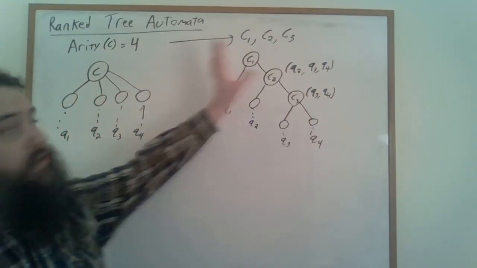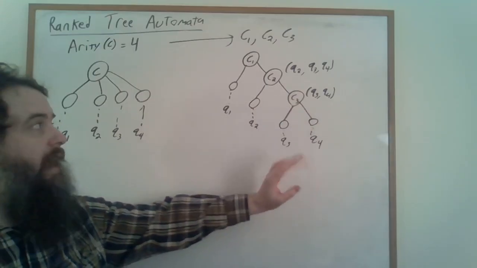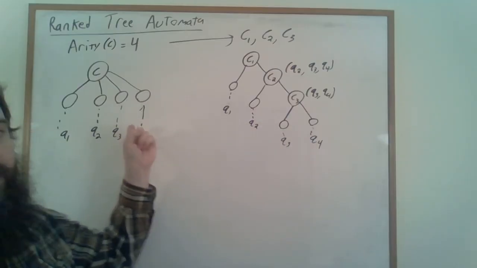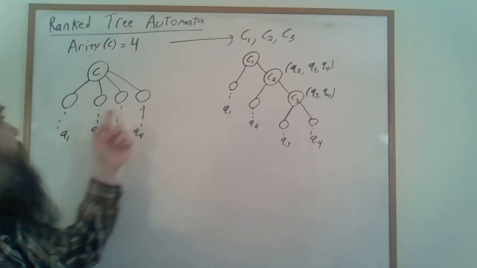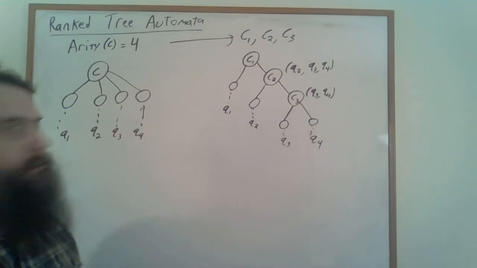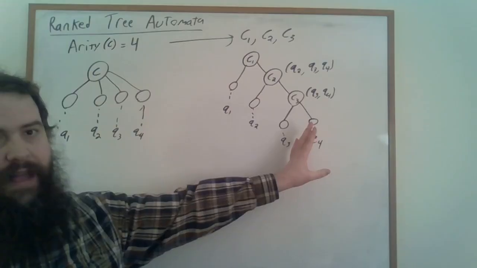And so the set of states in the binary tree automaton that we're constructing is actually just going to be finite tuples of states from this automaton up to length, the maximum rank of characters in this alphabet. So we don't have to worry about accidentally introducing infinitely many states.